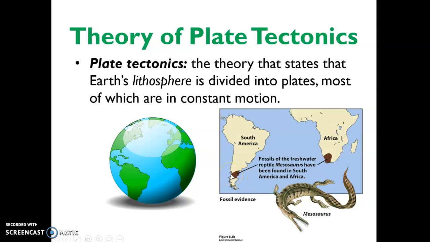It would make more sense that South America and Africa were once united. And it wasn't just this one particular fossil. At various points throughout, there were similar examples of species that could not have migrated great distances across the ocean, but were present in both locations.